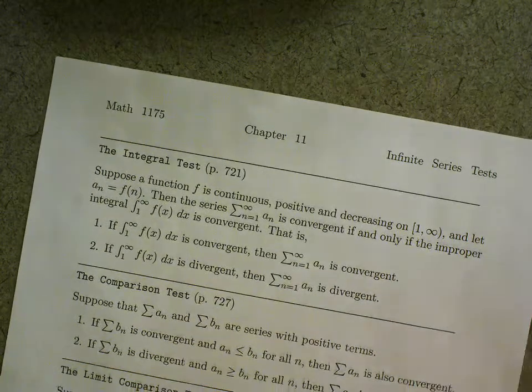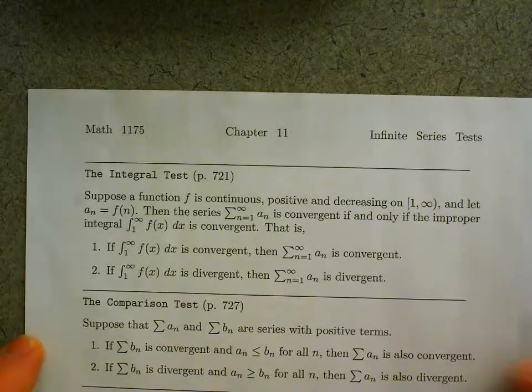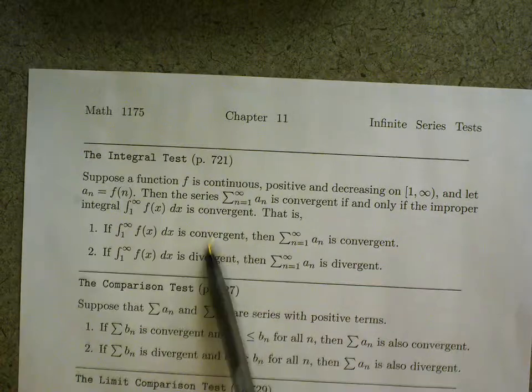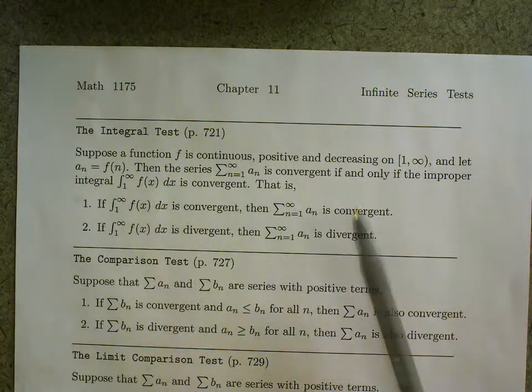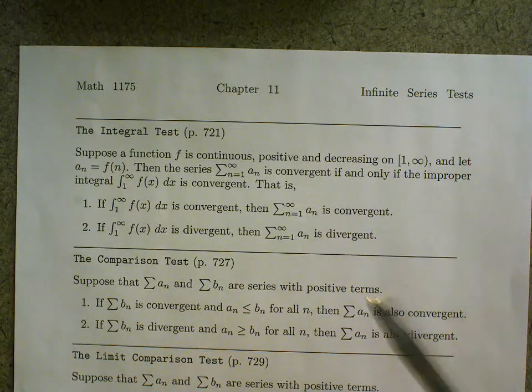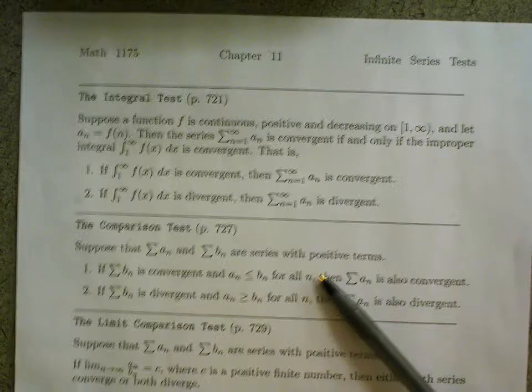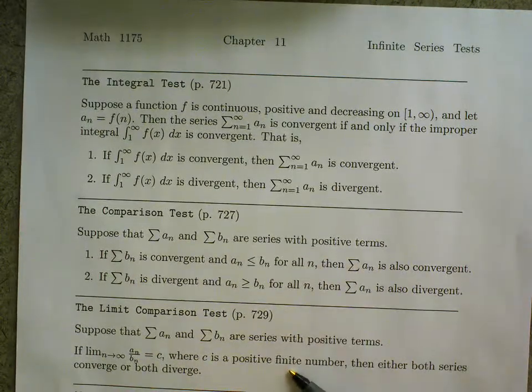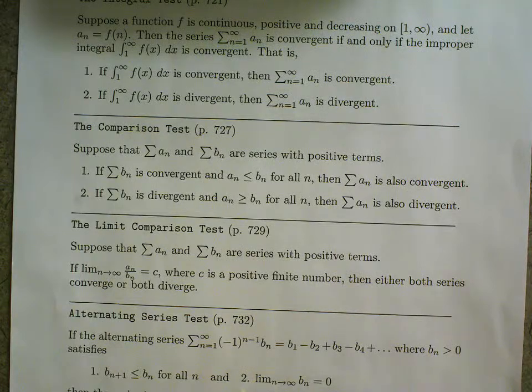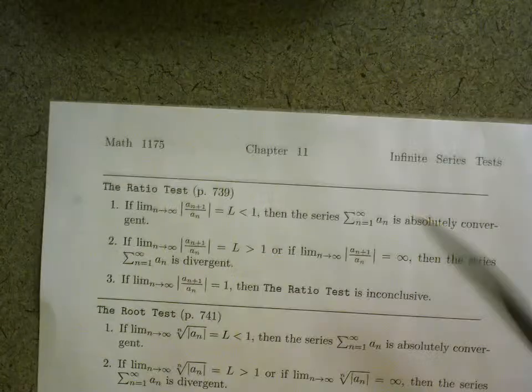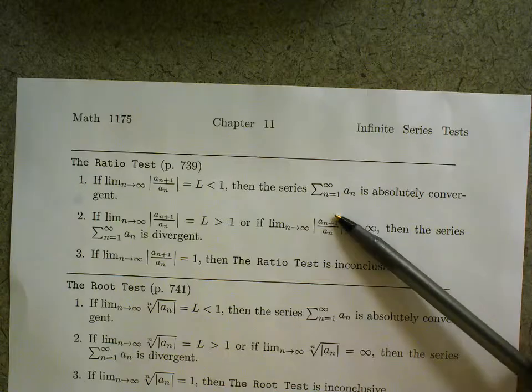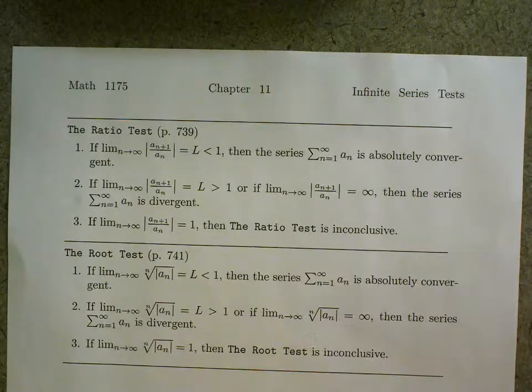I won't read all of these to you, but I'll just remind you, when testing series, make sure you review the integral test, the comparison test, the limit comparison test. Then there's the alternating series test. And we also have the ratio test and the root test.